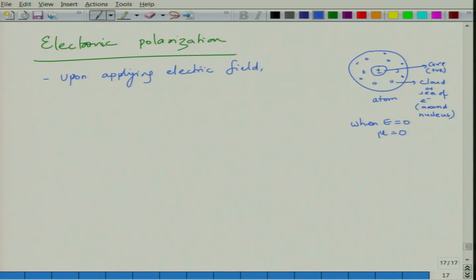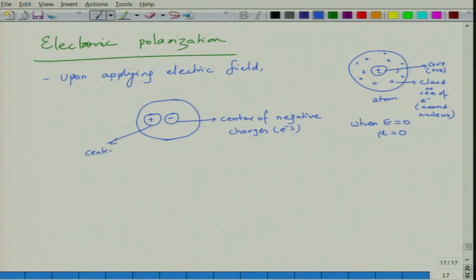When you apply electric field, this core, which is positively charged, will shift with respect to this electron cloud in such a fashion that there will be a center of negative charges, that is electrons, and a center of positive charge, and this is happening at the scale of an atom.